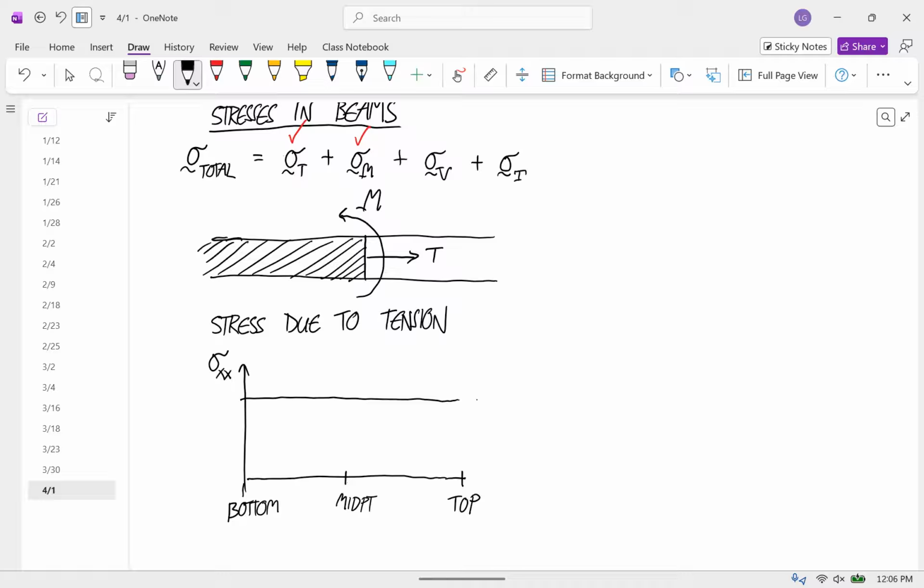There's no change. For a given internal tension or compression, the XX normal stress and the stress tensor due to tension are the same anywhere along the cross section.